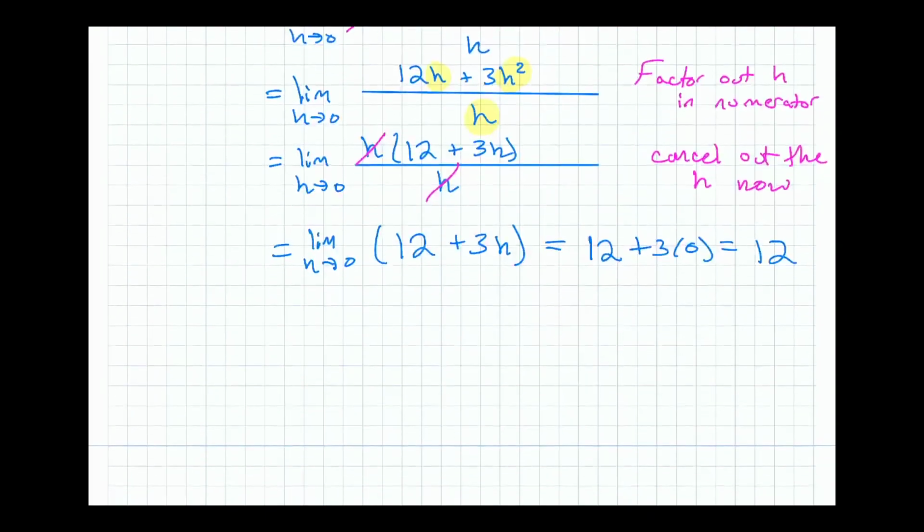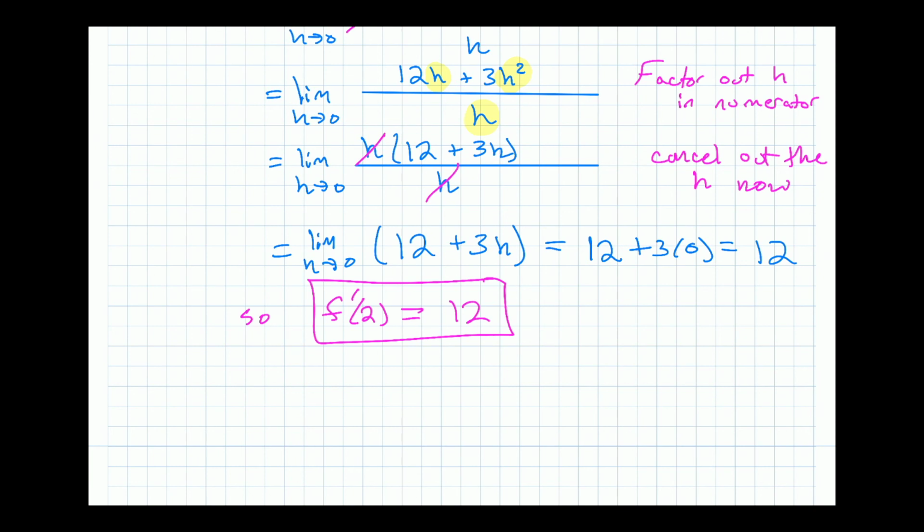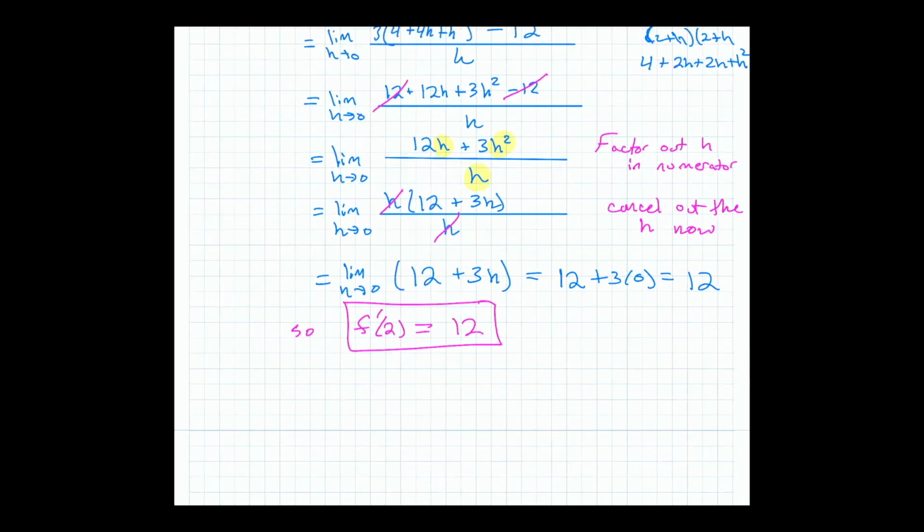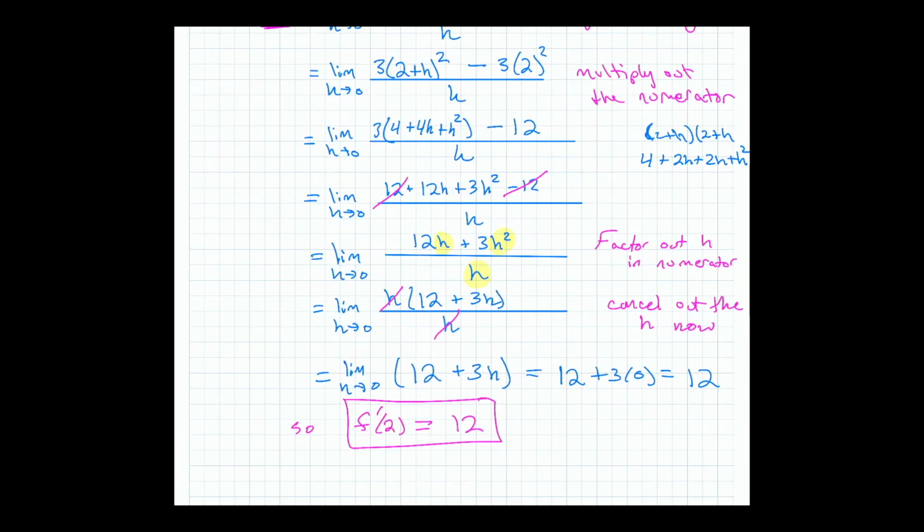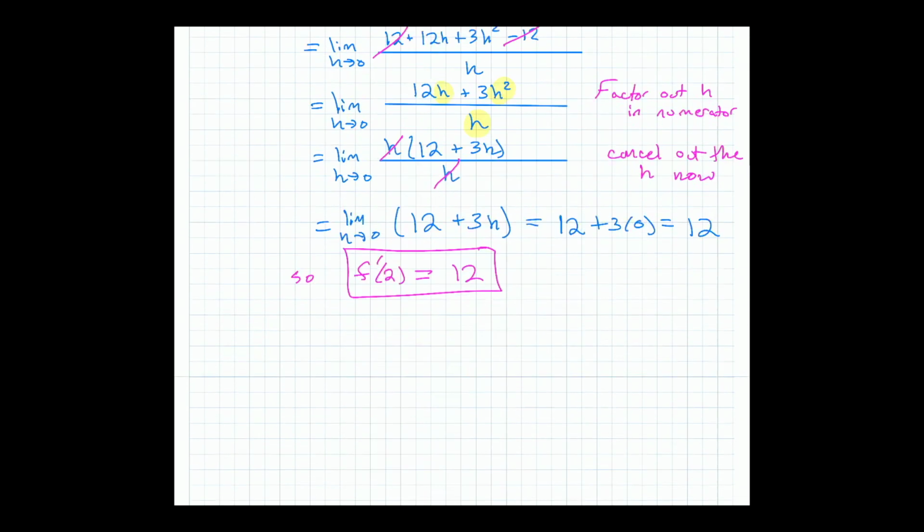So back down here, f prime of 2 is 12. That is what we just did. Okay, and that's how you do the polynomial type. You just basically write out the definition and multiply out the numerator and start canceling stuff. Right?